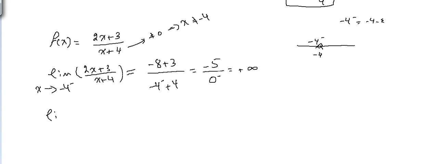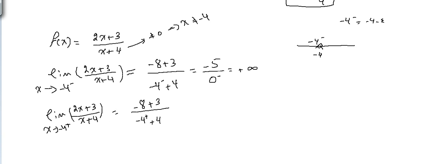And if we find the limit of 2x plus 3 over x plus 4 as x approaches negative 4 plus, we get negative 8 plus 3, which is negative 5, over 0 plus, because negative 4 plus epsilon plus 4 is positive epsilon.